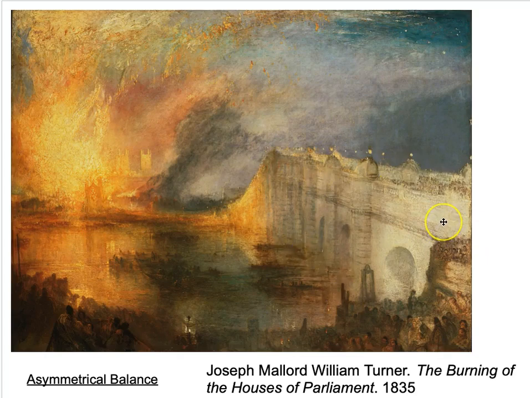We have a huge stone building. Over here, emptiness, other than the water and the fire. So you can talk about how that's very asymmetrical in shape and form. But does it feel balanced to you? Does it feel like the visual weight is okay between the two sides, like pretty balanced?